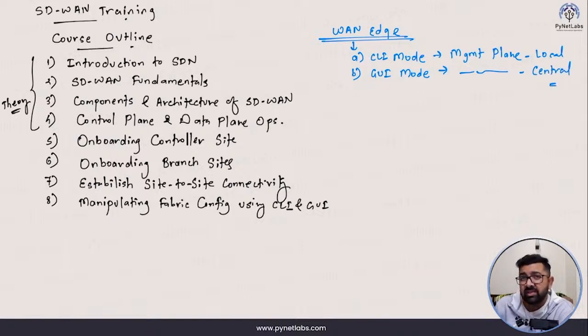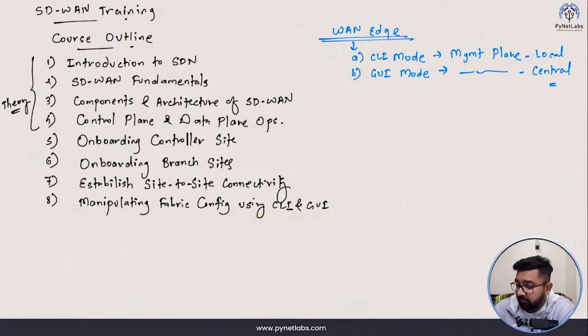What does that mean is if your vEdge is in CLI mode, you will be able to dive into the CLI of the device and do any configuration modifications from the device. But if the vEdge is in GUI mode, then in that particular case, the vEdge has to be configured and managed from vManager, which is one of the centralized controller that we get in SD-WAN. So we will be exploring both of those options over here.